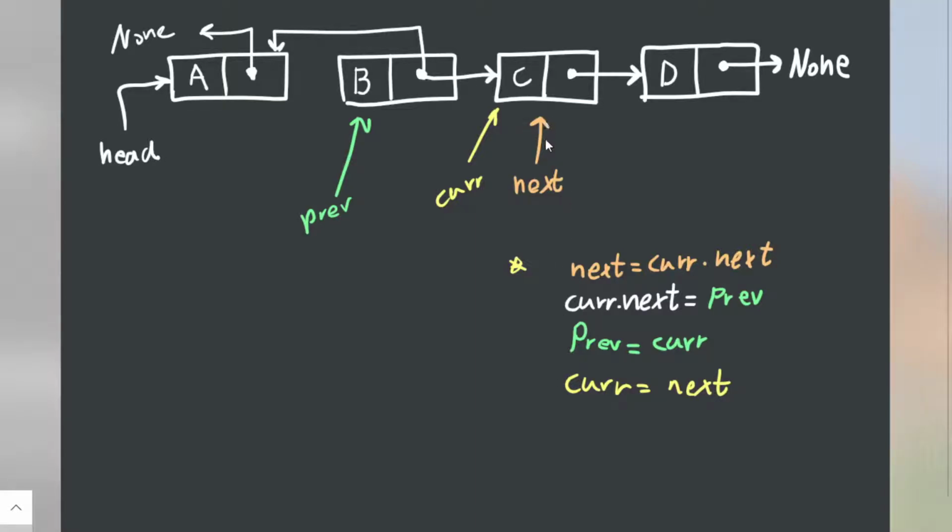And we repeat the same 4 steps for this node, which would result in breaking of this link and the addition of this link. And it would also result in these pointers incrementing by 1. And if we continue this approach, of course, we will have our updated or modified linked list at the very end.